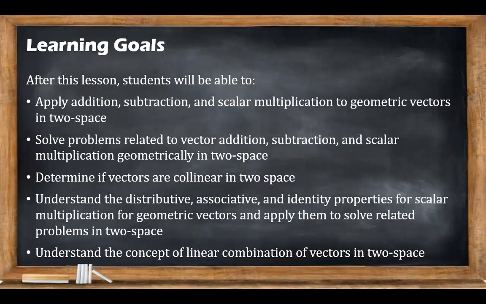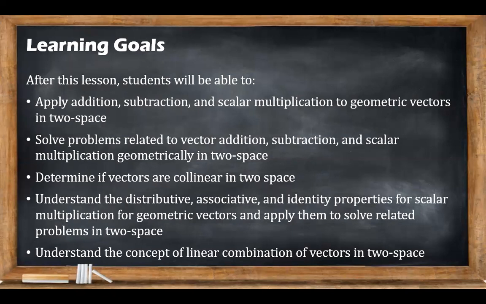After this lesson, you are expected to be able to apply addition, subtraction, and scalar multiplication to geometric vectors in two space. Solve problems related to vector addition, subtraction, and scalar multiplication geometrically in two space.